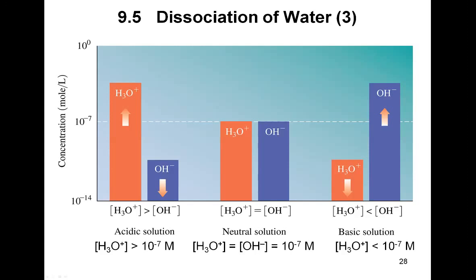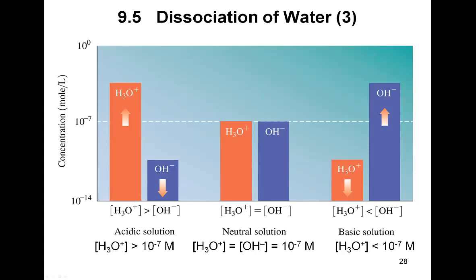And again, if the hydronium ion concentration is small, then the hydroxide ion concentration will be large to compensate, so that their product, when you multiply those two concentrations together, you still get the Kw value.